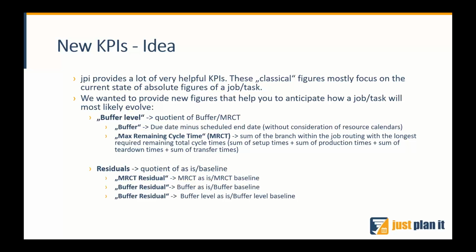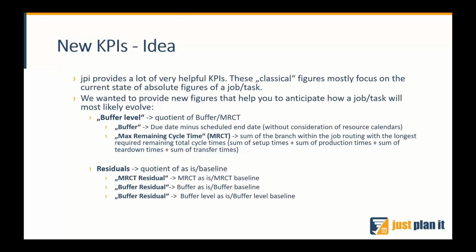Unfortunately, experience says that even if a job is not started yet, the buffer can be consumed pretty likely, and the buffer residual will tell you how much buffer, in comparison to what was initially planned, is left over.